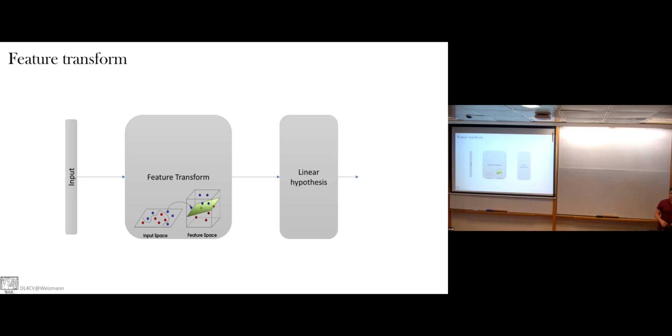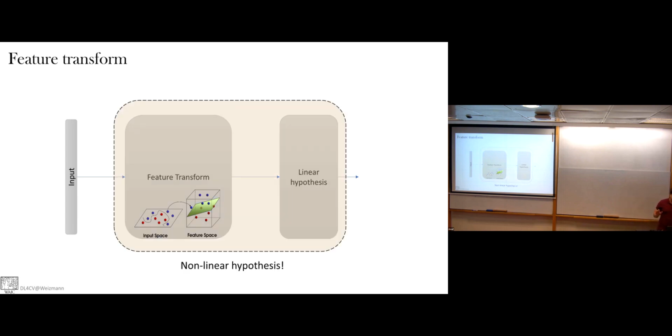Then we can apply linear hypothesis that we dealt with a lot the last time, if you remember linear regression. And I believe that in the tutorial you were working on linear classification. So this whole thing is encapsulated in this nonlinear hypothesis.